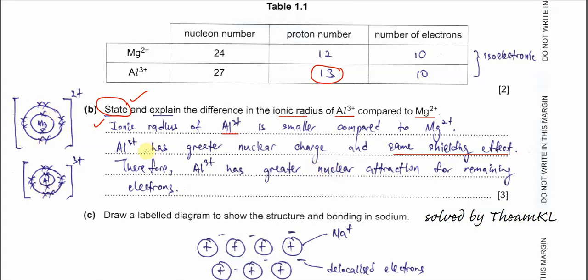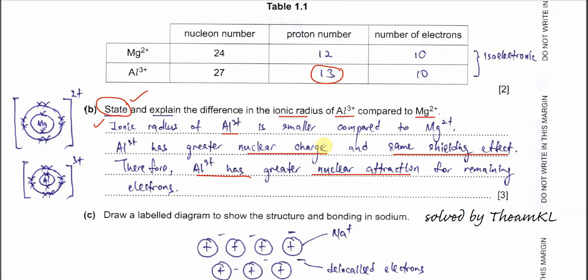So we say that the aluminium ion has greater nuclear charge and at the same time the same shielding effects compared to the magnesium ion. Therefore, the aluminium ion has a greater nuclear attraction for the remaining electrons, or for these 10 electrons.